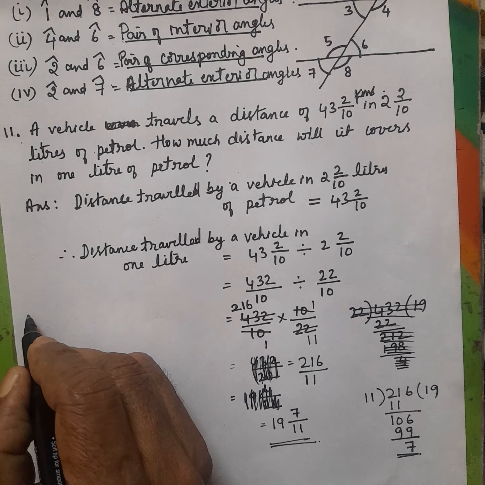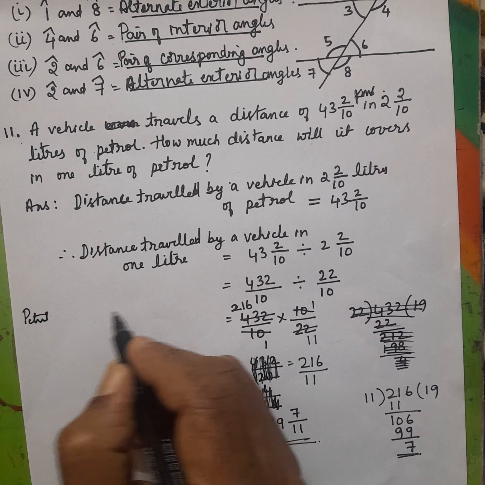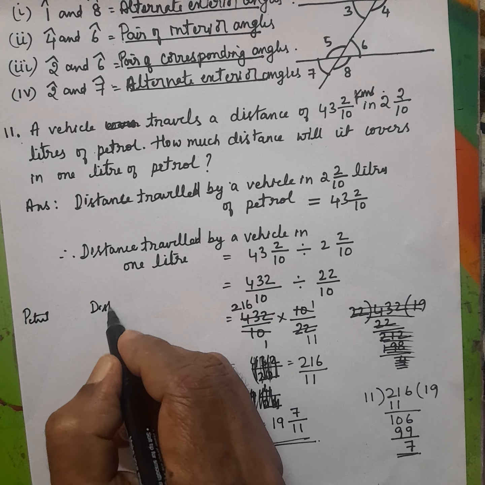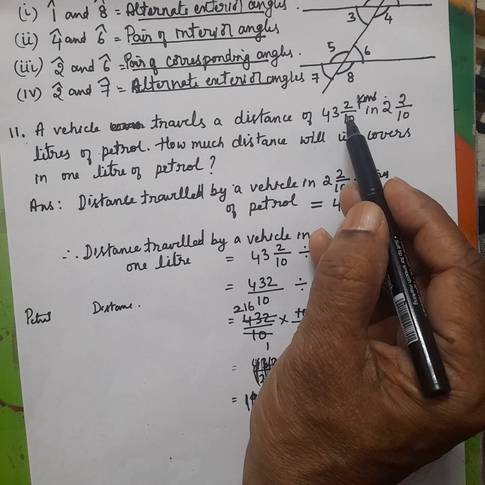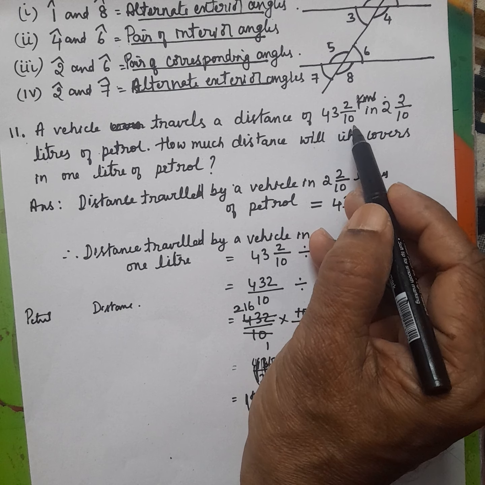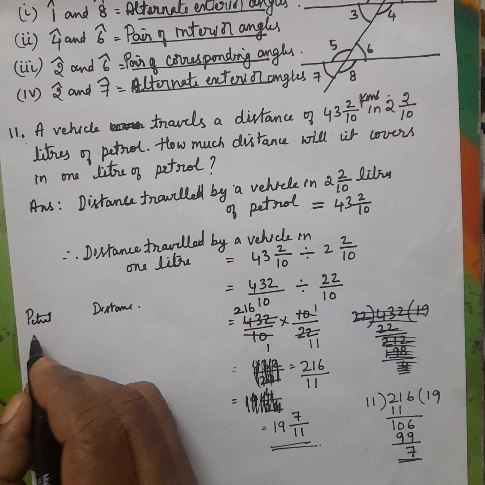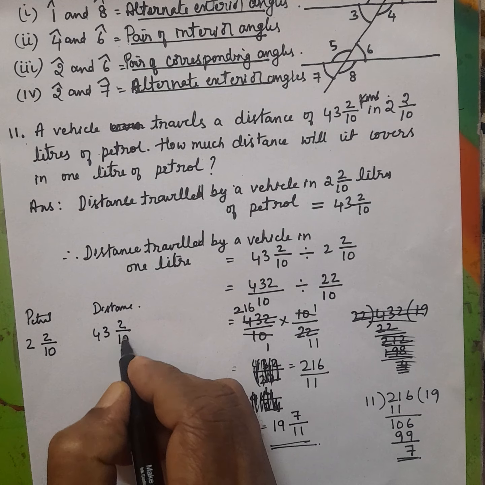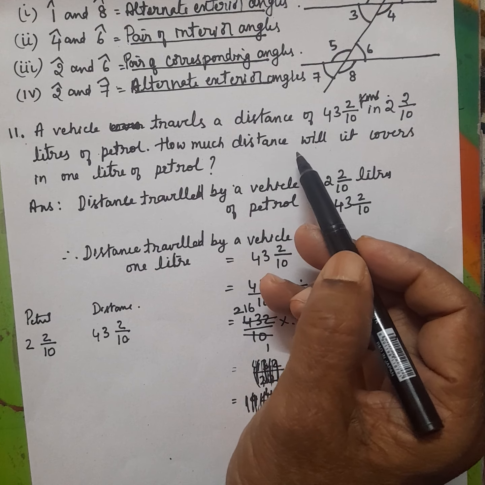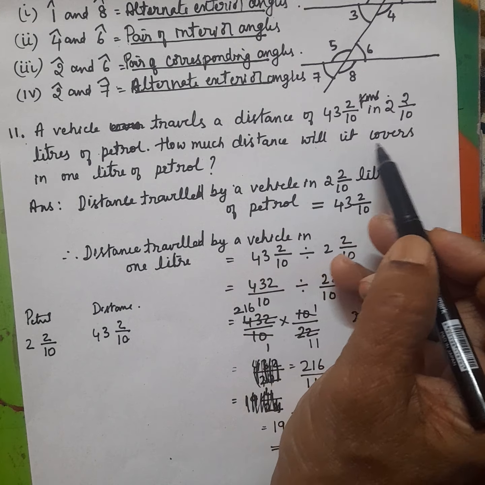So take petrol on one side, distance in kilometers on the other. In 2/10 liters of petrol, it will cover a distance of 43 2/10 kilometers. So the question is, how much distance will it cover in 1 liter? In 1 liter of petrol, what is the distance covered by this vehicle?